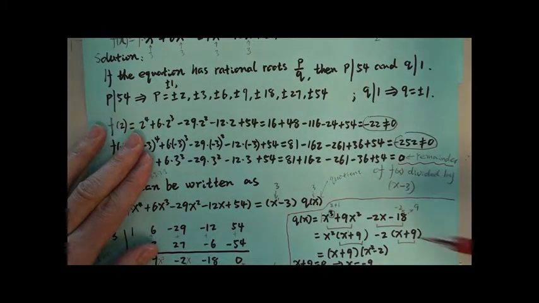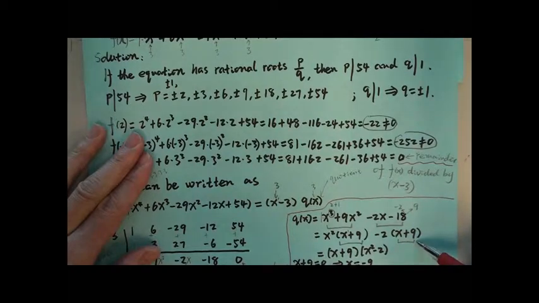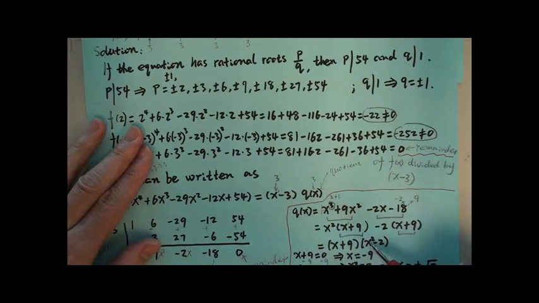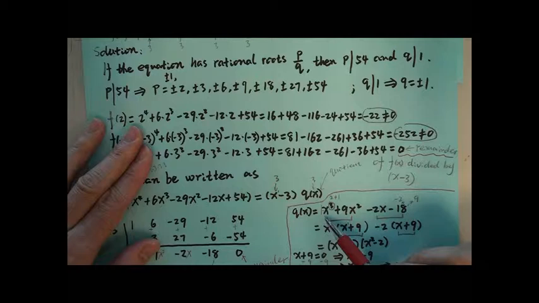So we do this one by the grouping method. And then you see x plus 9, x plus 9. You can pull it out again. The first one will give you x squared, the second one is negative 2. Basically you factor this into this form.